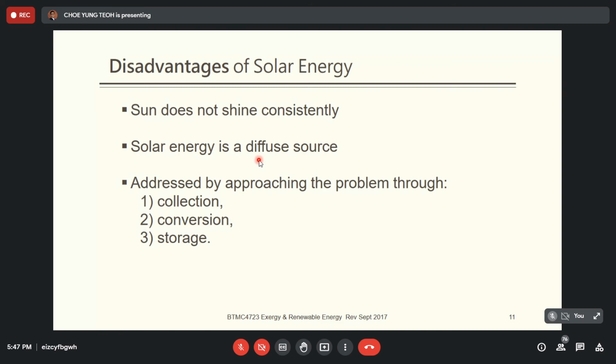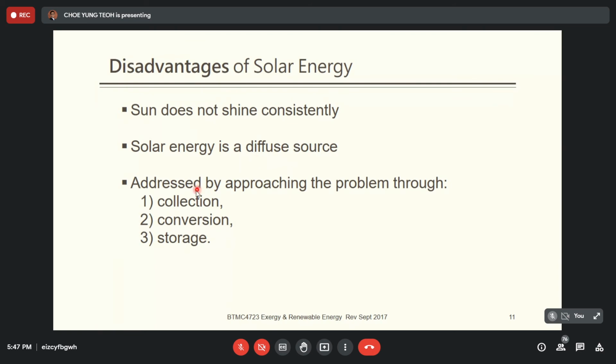Yes, if you accumulate an area of 1 square kilometer, then you can get a lot. But if you get a small area, you will get very little. Different from uranium, one small piece can already kill you. But this one, we call it very diffuse. You need to accumulate everything.